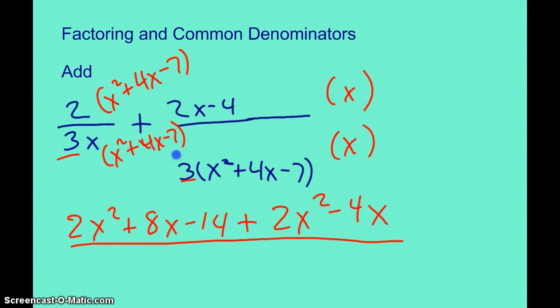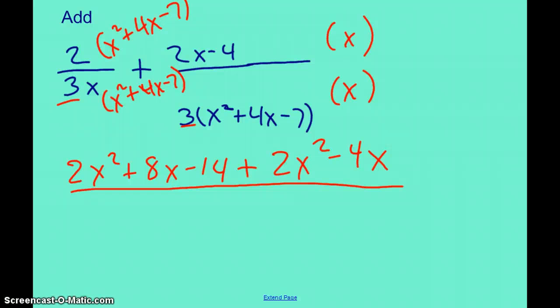Now you notice I went ahead and wrote this as one fraction. We did a bunch of these examples on Monday, and hopefully you recognized once I've done the work to make a common denominator, it becomes one single fraction. Now my denominator is going to be a little bit tricky for some of you, because I have basically 4 different factors right now that I'm going to look at. I've got this 3, the x, this 3, and this x squared plus 4x minus 7.